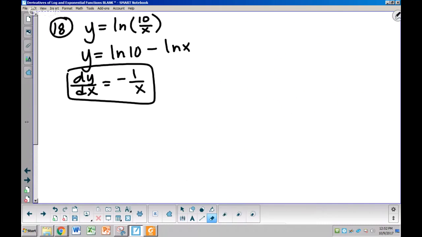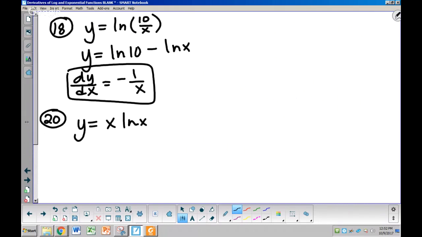Number 20. Y equals x natural log of x minus x. Anything you want to do first? Factor out x. I like that.